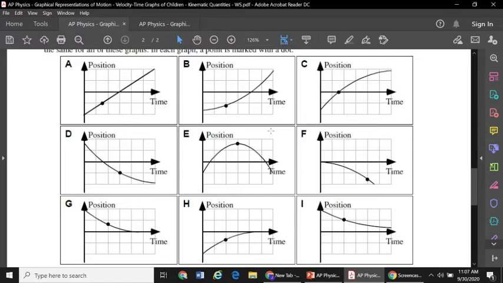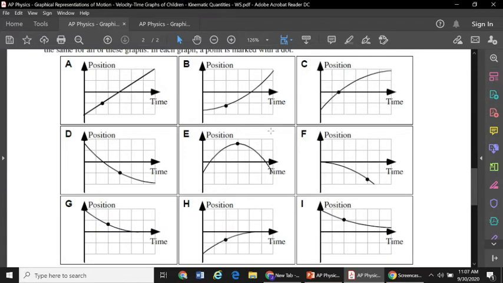Now, we have a bit of a problem. The problem we have here is that every graph besides A is curved. So if they're curved, then how do we figure out anything about the slope?